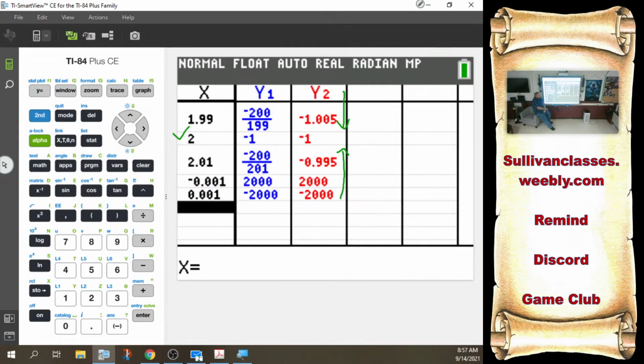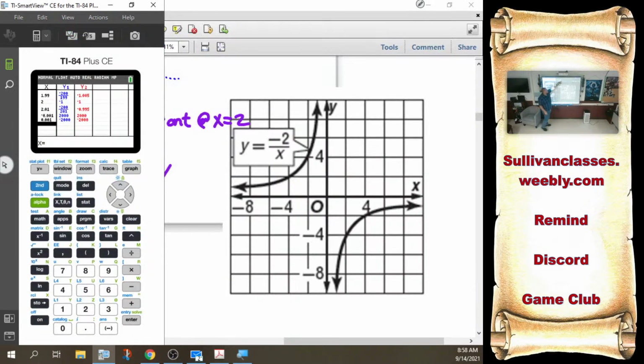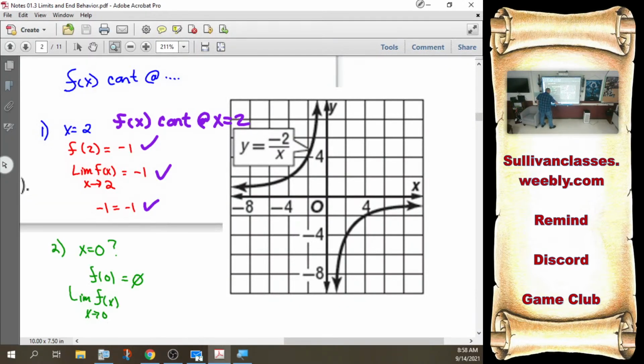Are they headed to the same spot? No, one's headed to positive infinity, the other is headed to negative infinity, which we could see just from the graph. As it approaches 0, they go in opposite directions. They're not going to the same number, so the limit does not exist.